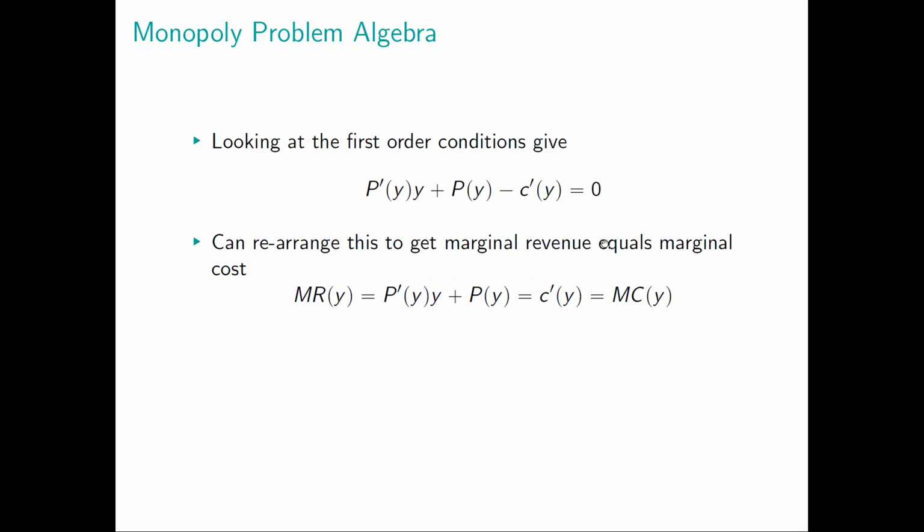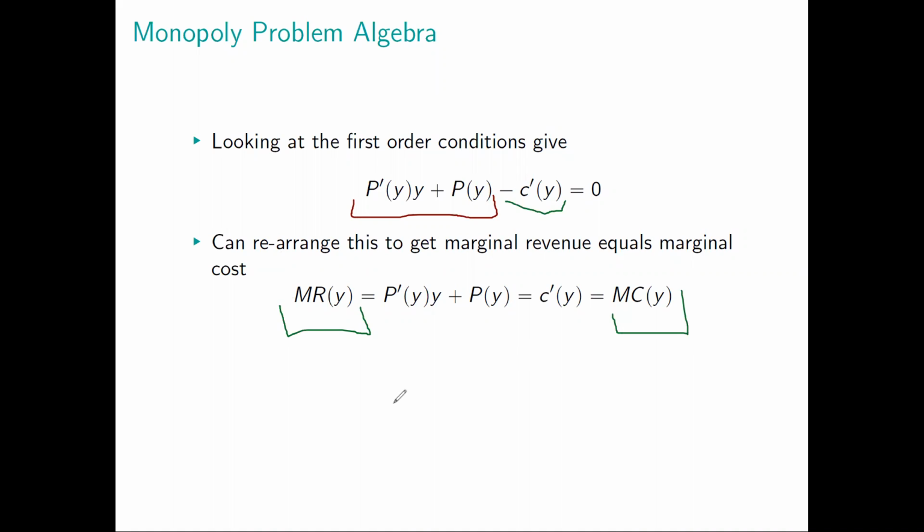We can rearrange this. So this first part right here is a marginal revenue. So this is the additional revenue that a firm gets by producing an additional unit. And this is the cost, right? So we can rearrange this and we'll get marginal revenue is equal to marginal cost.